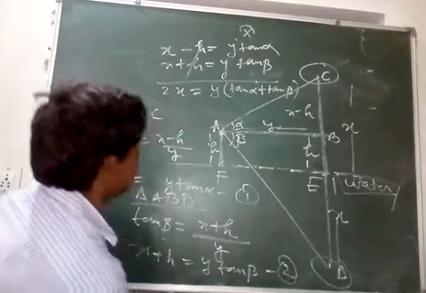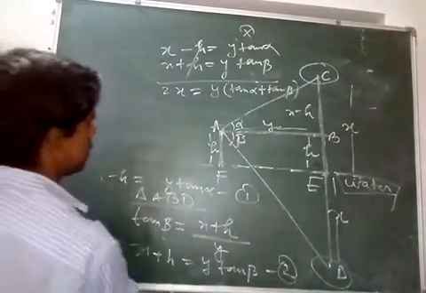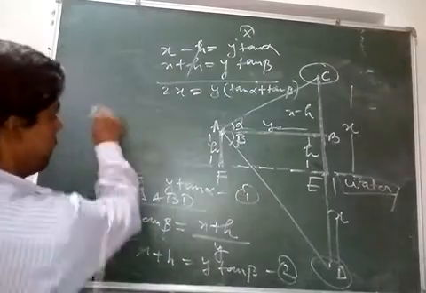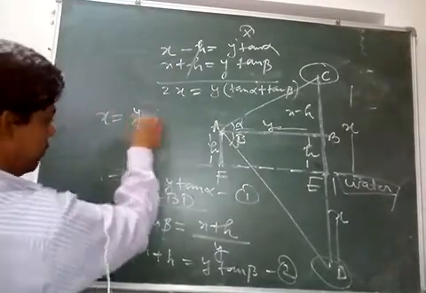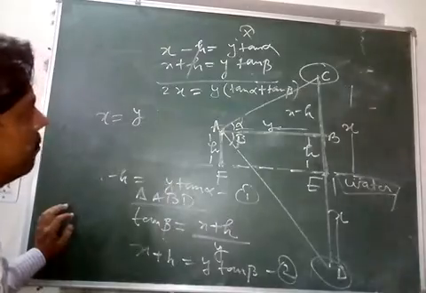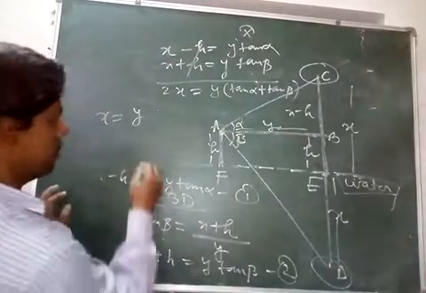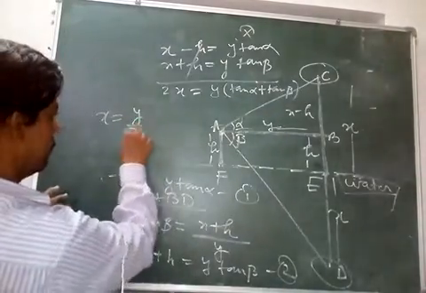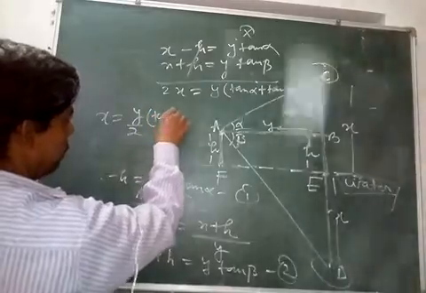So we will get the value of x as x is equal to y by 2 times tan alpha plus tan beta. Now, can we substitute the value of y from here? That is again very important.